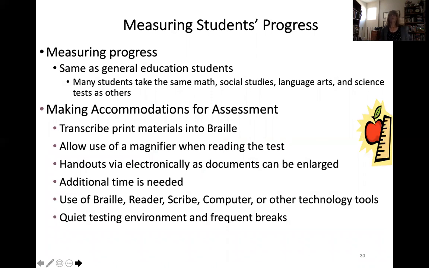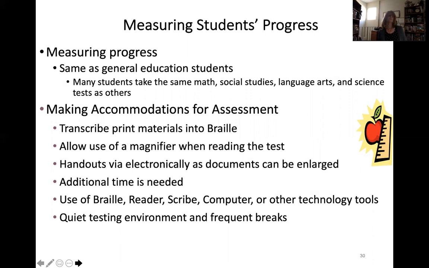Measuring students' progress is the same as general education. Many of the students take the same math, social studies, language arts, and science tests as their peers. What the accommodations are that are necessary, and what you will see listed in their individual education plans, are the types of accommodations.